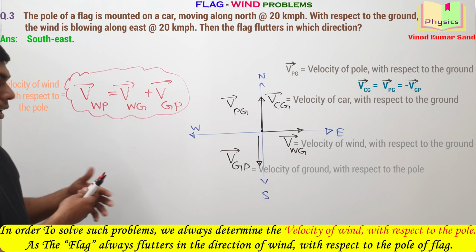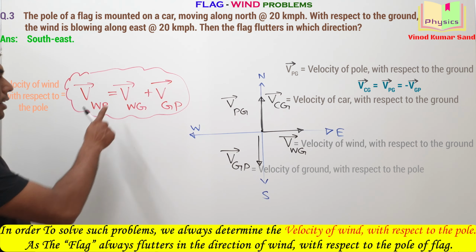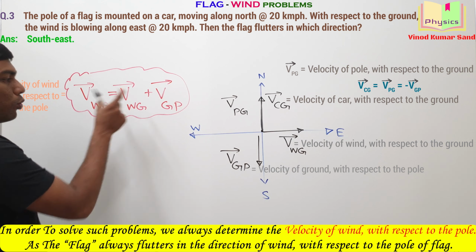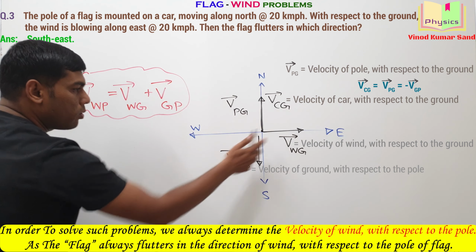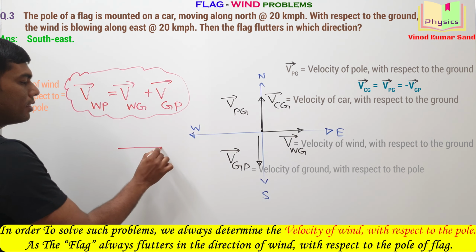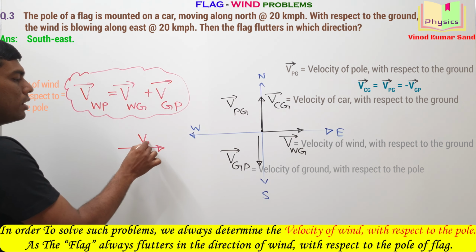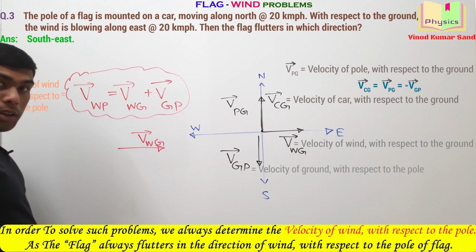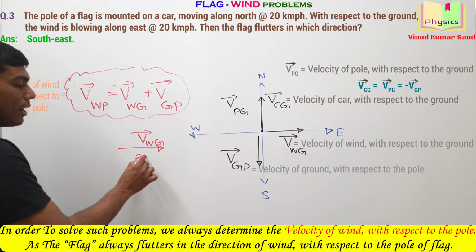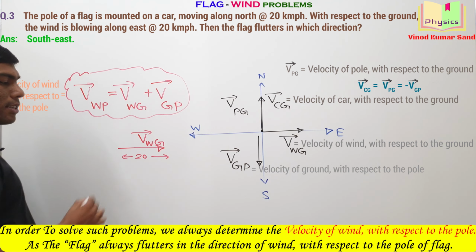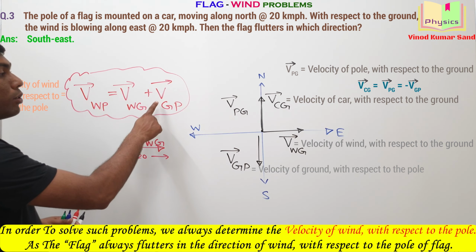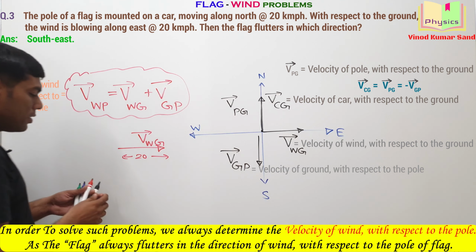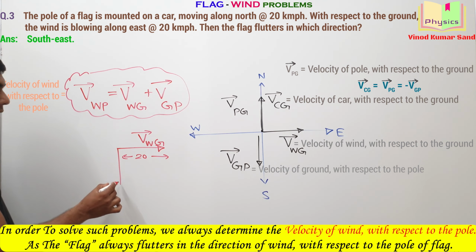If we simplify this relation, we need velocity of wind with respect to ground, which is marked like this. Here is the VWG. And this vector has the length 20 because the data is given as 20 km per hour. We need VGP. VGP is in this direction, and interestingly, the VGP also has the magnitude 20.